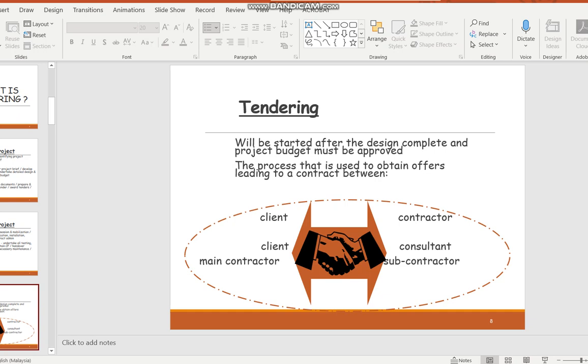It can start during the conceptual stage, but that will be a more negotiated form of contracting, maybe using a negotiated tendering method, or with proposal. It can be a design and build kind of concept, whereby you get the tenderer to come in early and do the brief designs, and later on offer the price and all that.